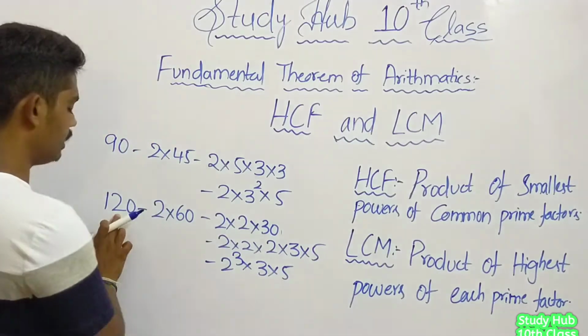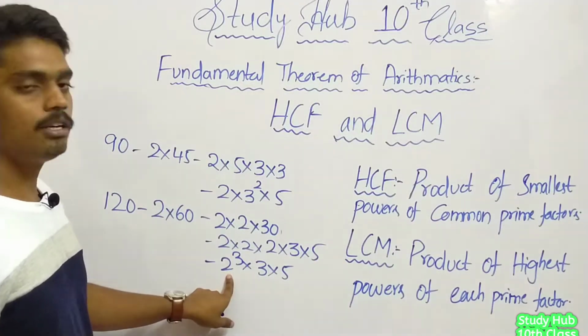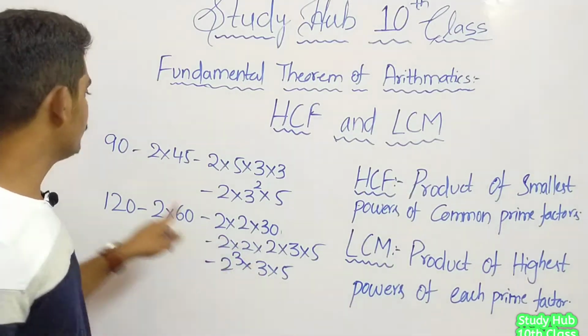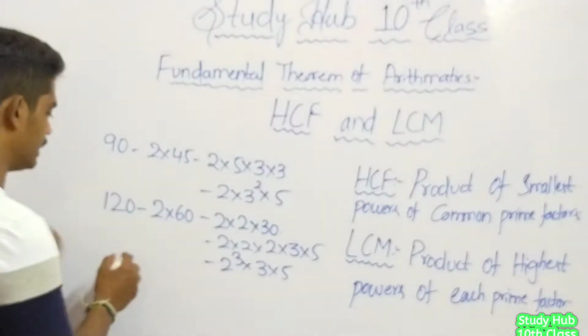For 120, we got prime factors as 2 power 3 into 3 into 5. For 90, we get 2 into 3 square into 5. Let us find HCF and LCM, friends, now.